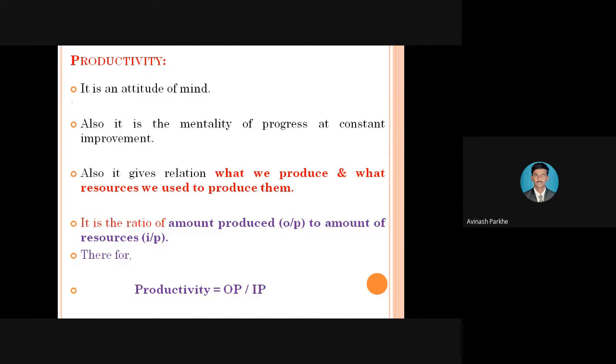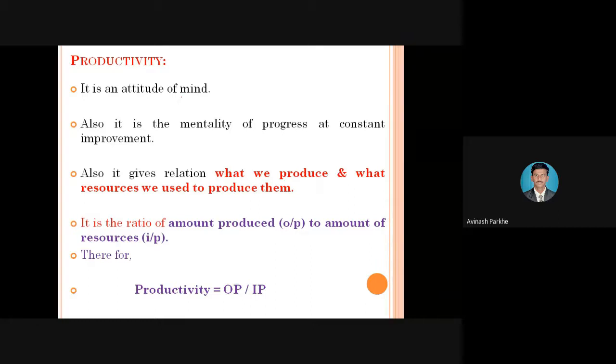Therefore, in productivity, the first sentence is, it is the attitude of mind. While converting the raw material into the finished goods, in which direction are we looking at that particular product? If we are thinking in a positive manner, then and only then can those operations be performed well. Sometimes productivity also depends upon the tendency of the worker.